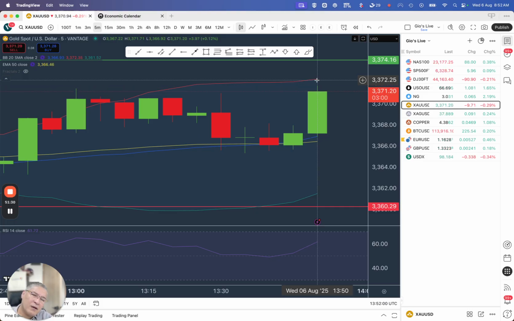Let's see. Profit taking obviously could be seen here. Let's see if we are able to meet that next target, 3372. Market's pushing back. Momentum still to the upside. We've taken out previous swing highs.